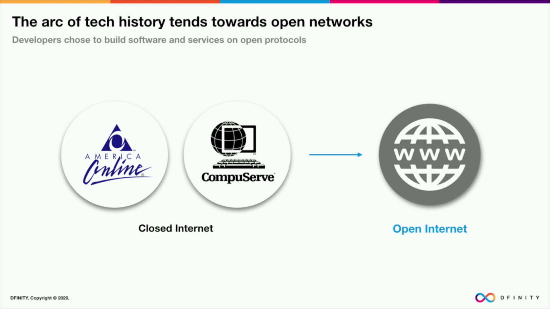At the time, in the early 90s, AOL was charging by the hour. They eventually started charging by the day and the month, until eventually they were phased out by open internet protocols. And developers ultimately chose to build software and services on these open protocols, which led to the vibrant tech ecosystem that we have today.